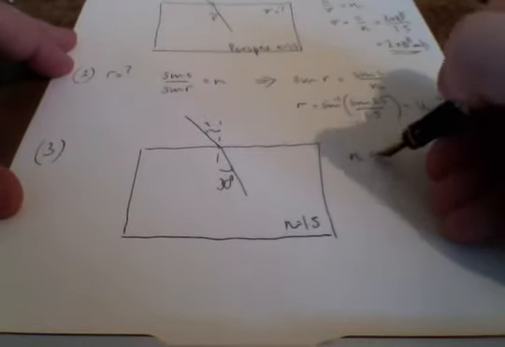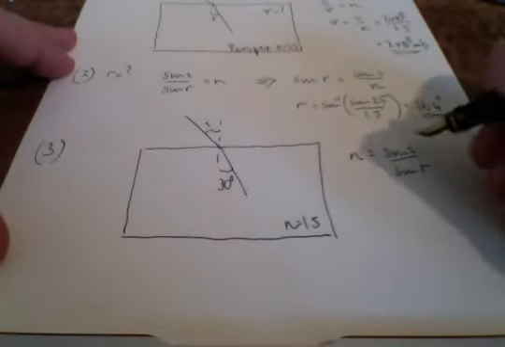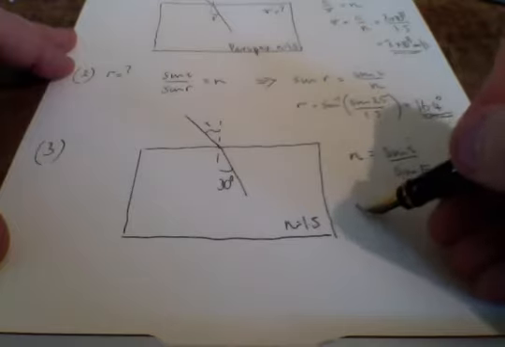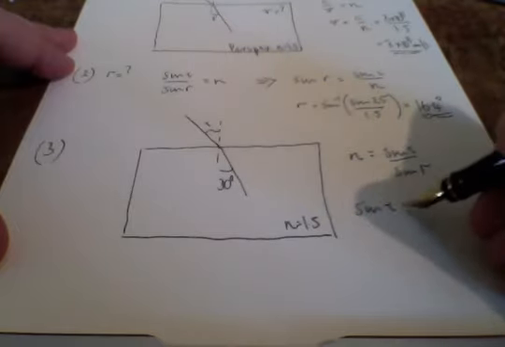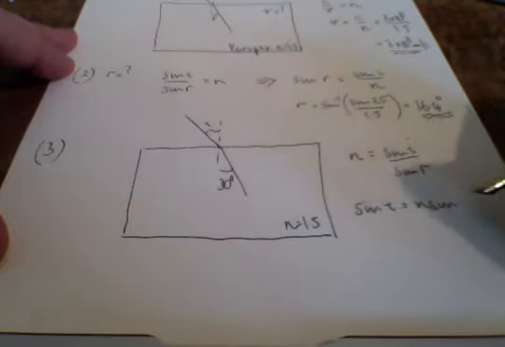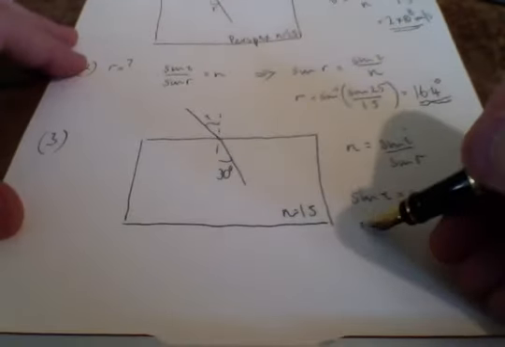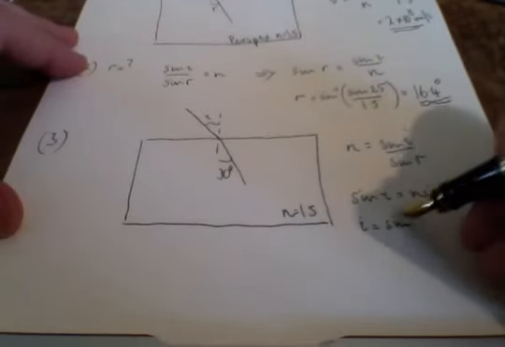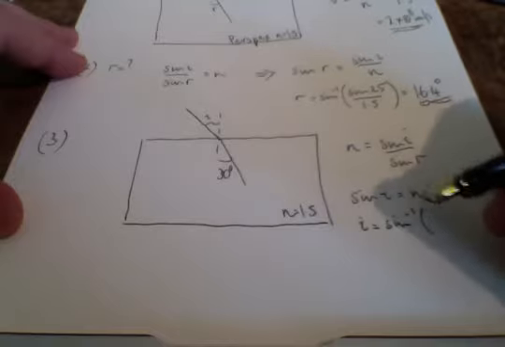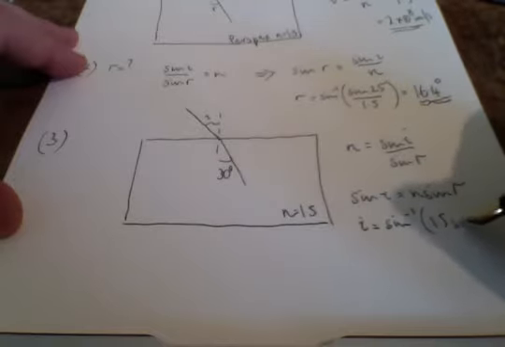Okay, the relationship we write down first. I want to find out the incident angle, so let's hopefully be able to follow this rearrangement. Inverse sine of my refractive index 1.5 times sine 30 degrees.